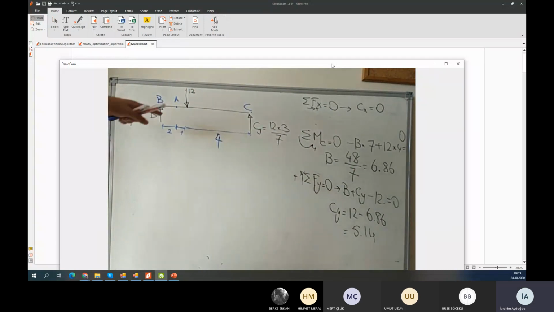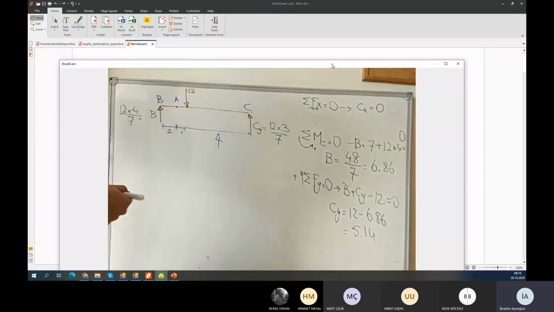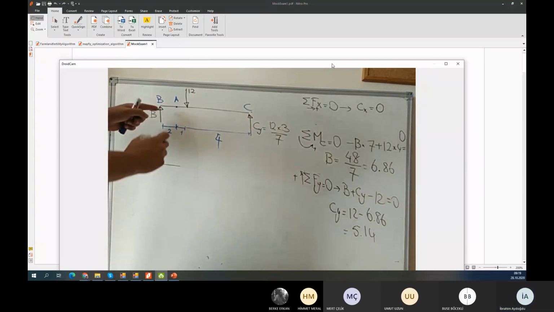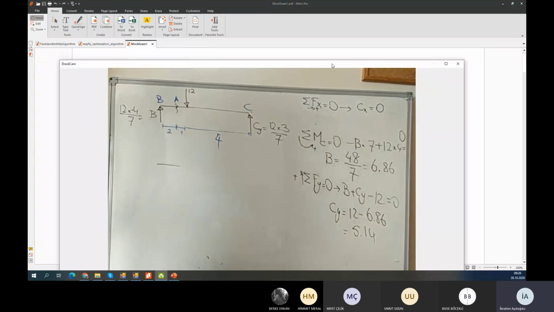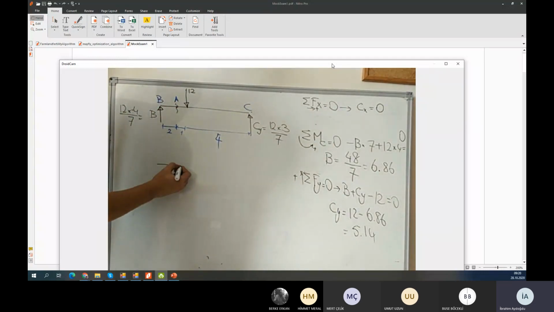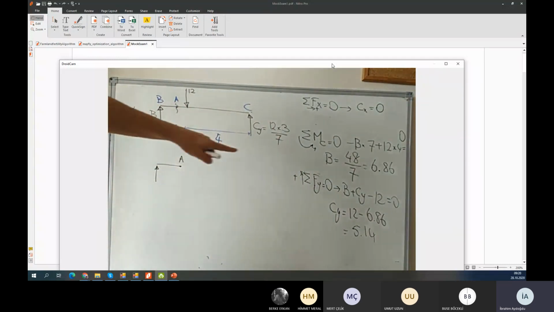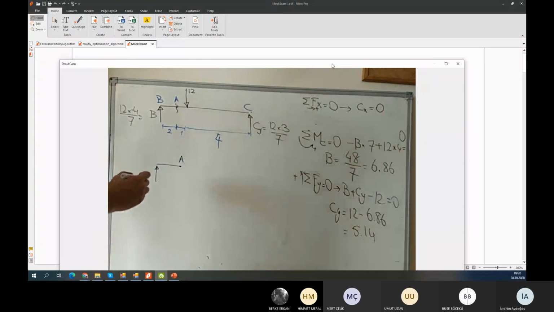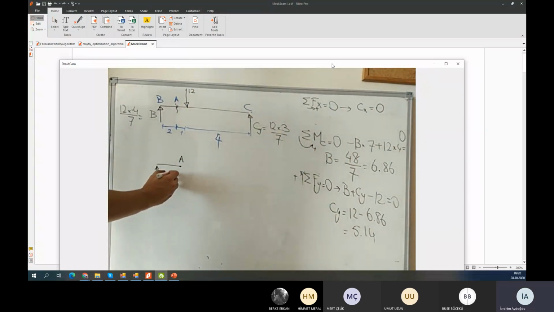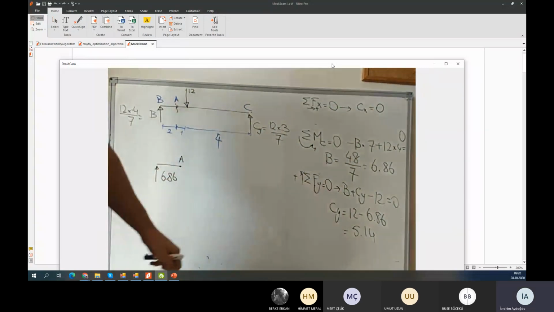Okay. First step is finished. Not finished, because we need to find the internal forces at point A. So I need to cut at point A. This is point A, and I am taking the left part. Therefore I need to write the B force. What is the value of the B force? 6.86.